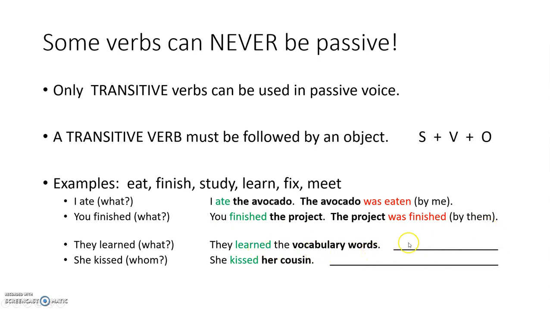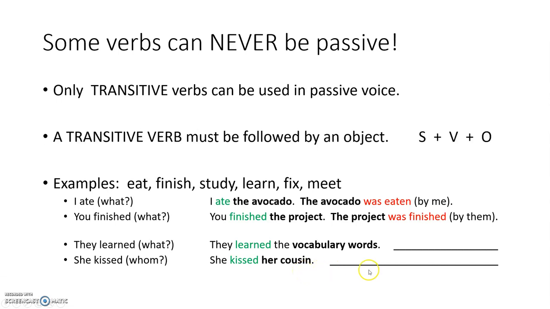They learned the vocabulary words. Now you tell me, how would the passive voice sentence be written? I hope you said the vocabulary words were learned by them. And you don't have to say by them if you don't want to. She kissed her cousin. What's the passive form?